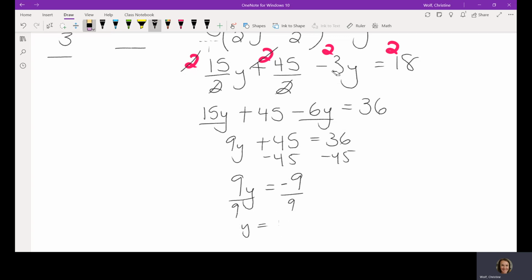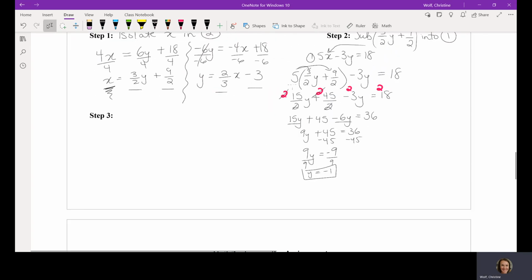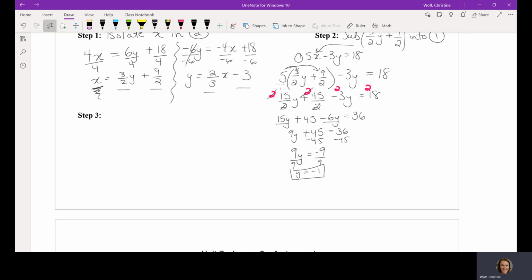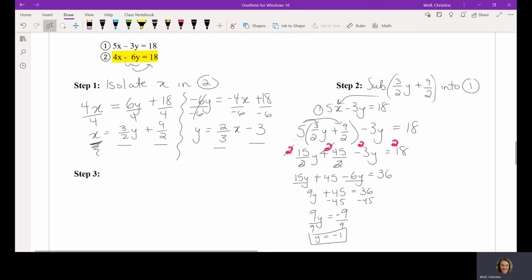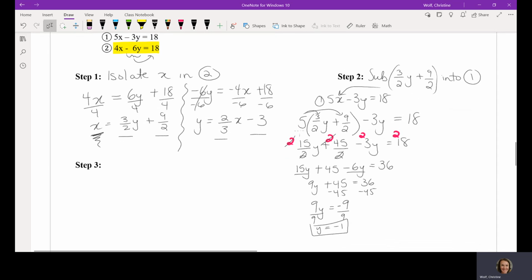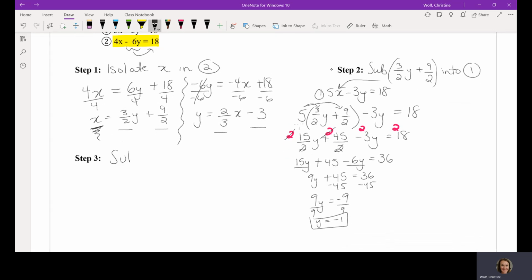So I found y first. Now, the final step is to take that and plug it into either equation. I'm going to plug it into number 1, but it doesn't matter. Both 1 and 2 are equally complicated. So I'm going to sub y equals negative 1 into 1.